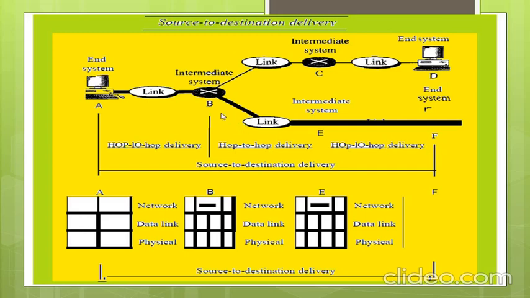Here router B uses its routing table to find that the next hop is the router at E. Therefore the network layer at B sends the packet to the network layer at E. The network layer at E finally sends the packet to the network layer at F. So this is how a source to destination delivery is made.